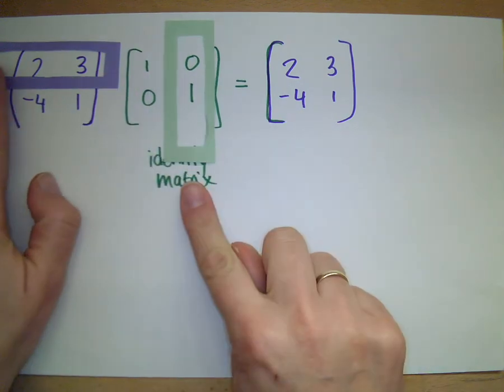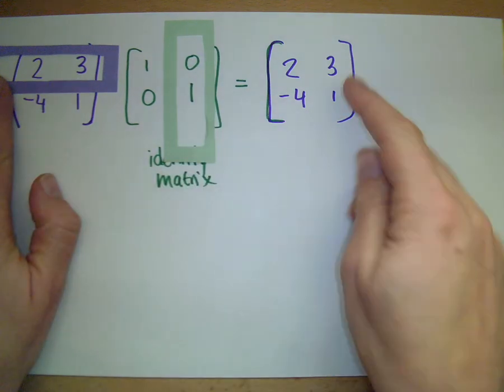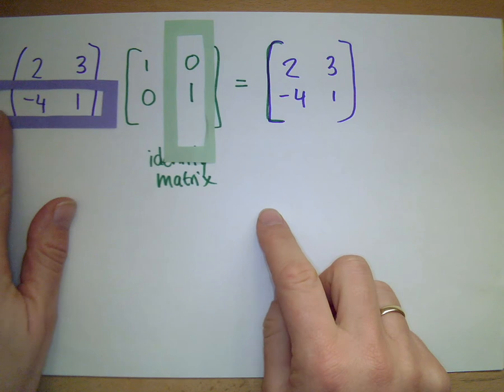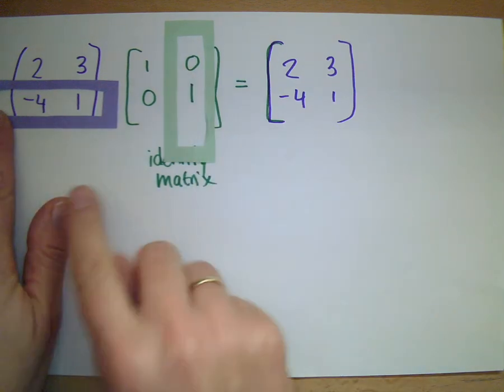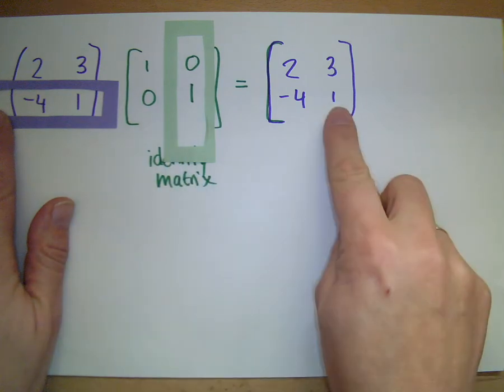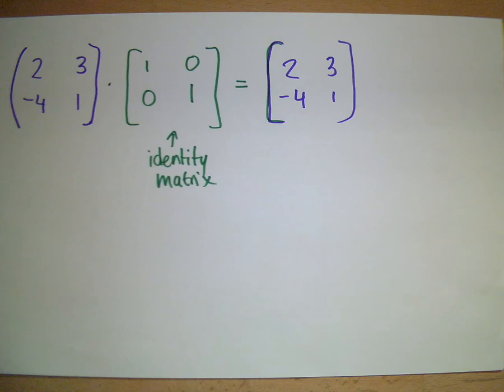Second column, first row, 2 times 0 is 0. 3 times 1 is 3. 0 and 3 is 3. Second row, second column, negative 4 times 0 is 0. 1 times 1 is 1. 1. There we go.